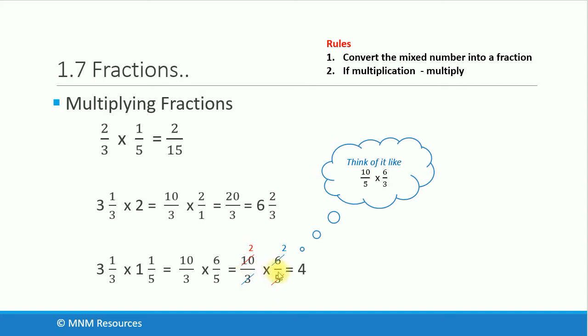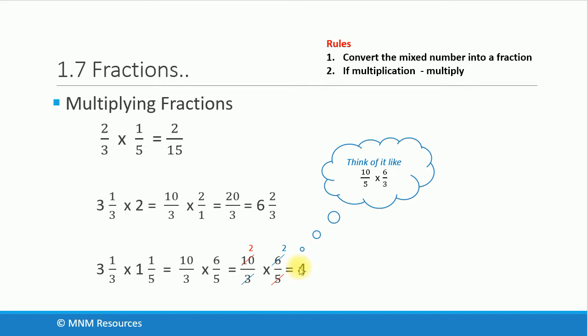You're swapping numerators, and you can simplify by dividing the 6 and the 3 by 3. If you divide the 3 by 3, you have 1. You divide 6 by 3, you have 2. Then you divide the 10 and the 5 by 5. If you divide the 5 by 5, you have 1. And if you divide 10 by 5, you have 2.